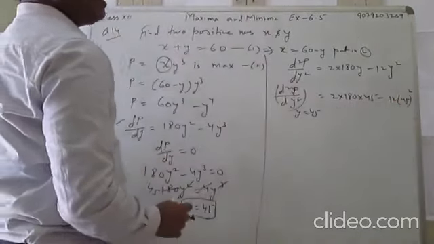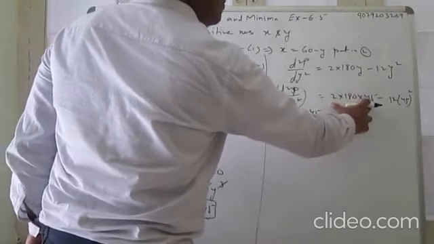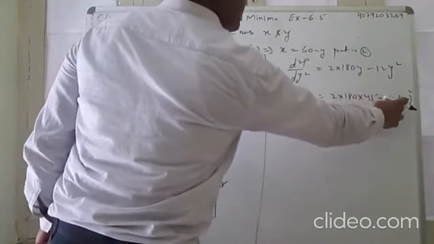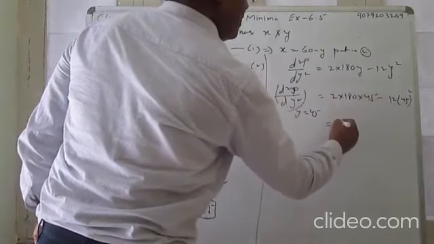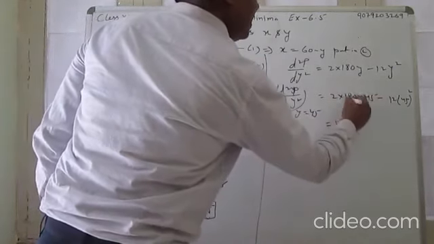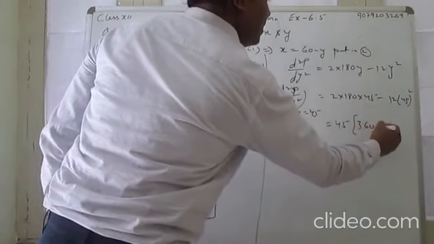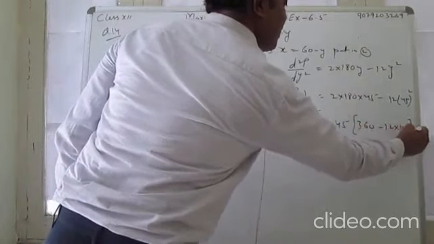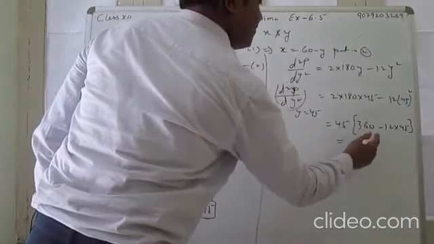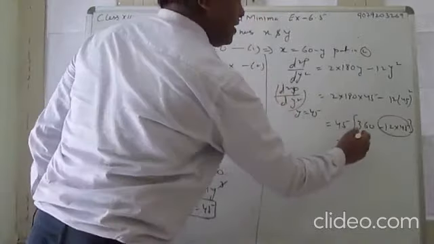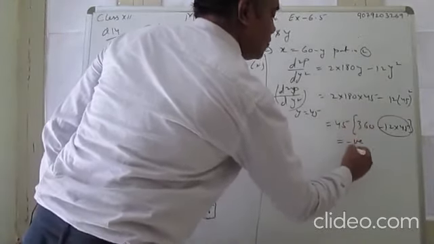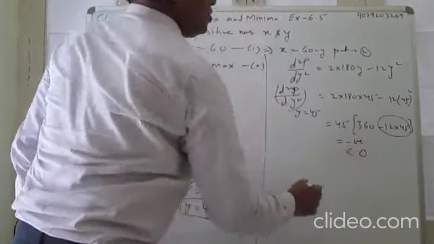Taking 45 common, it is 360 minus 12 into 45. It means it is negative, since the subtracted value is greater, so it is overall negative, less than 0.